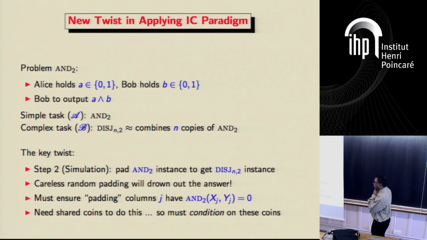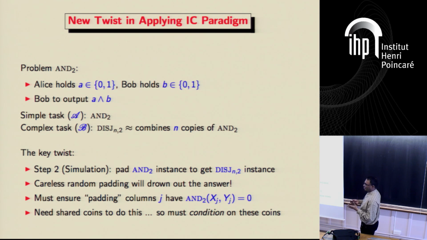Now there is a very important twist here. The paradigm should apply more or less in the way you expect, except that in step 2, where you're doing the simulation argument, so far we've been plonking our input into one of the positions and then padding the rest of it at random, and things have more or less worked. But now they really won't work.